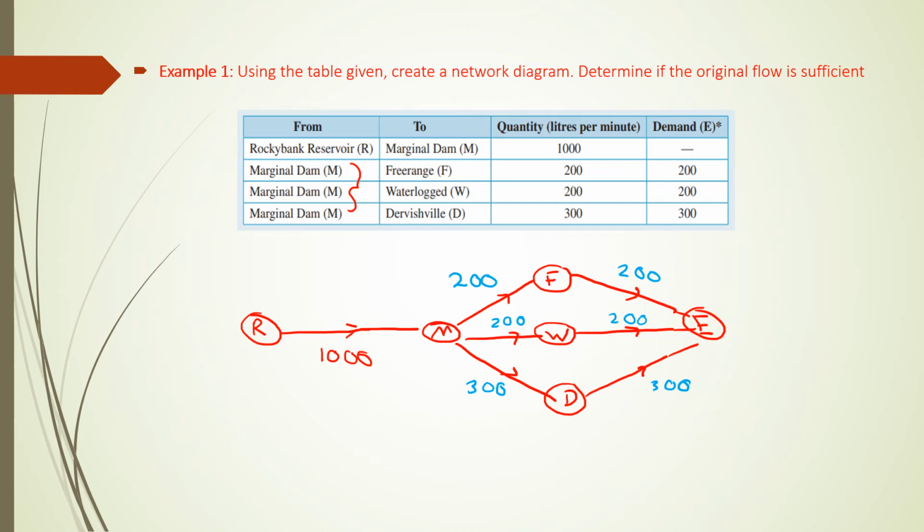What I want to do is work out the maximum flow that I can possibly get from this network diagram. So what I'm going to do is set up a couple of cuts. Basically, all I'm going to do is draw a line right through that stops all flow from source to sink, like such.